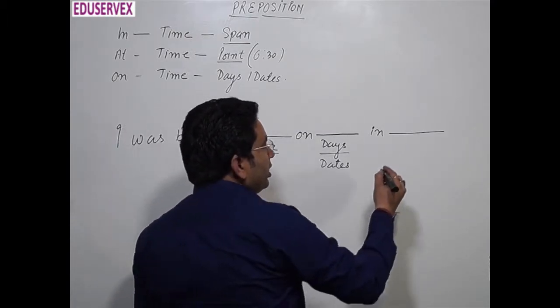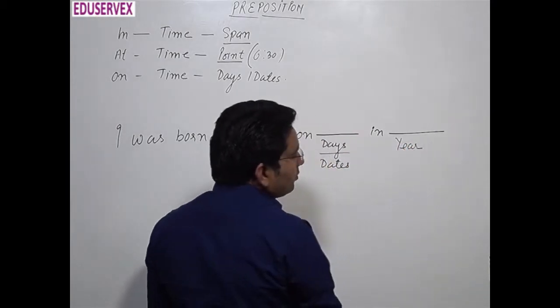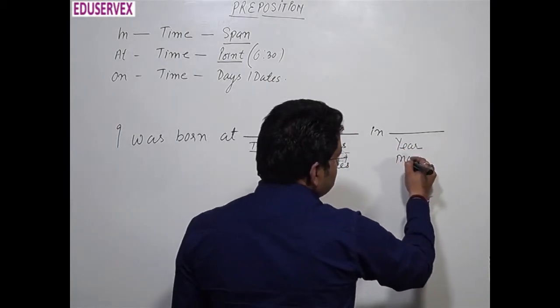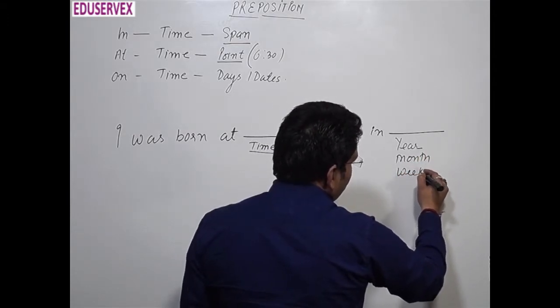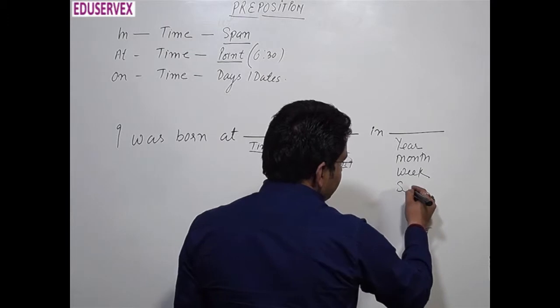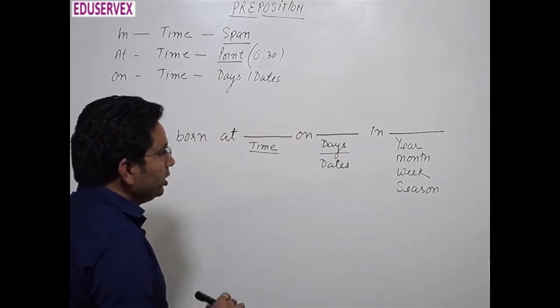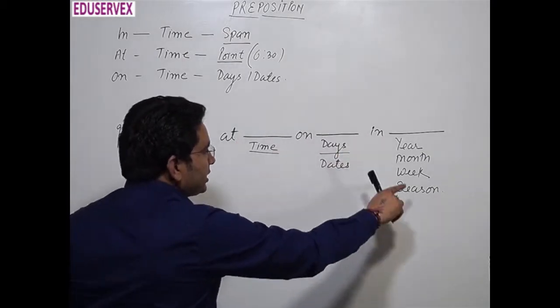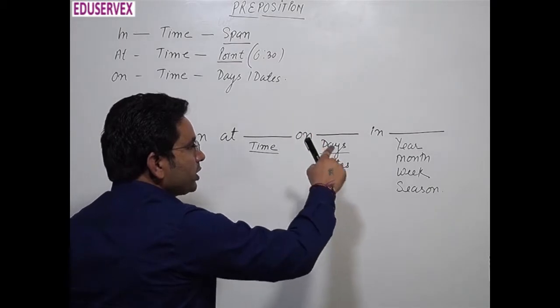Next, here you can mention your year, then your month, then your week, and we can say season. It's okay. With the help of this example, you can understand where to use at, where to use on, where to use in.